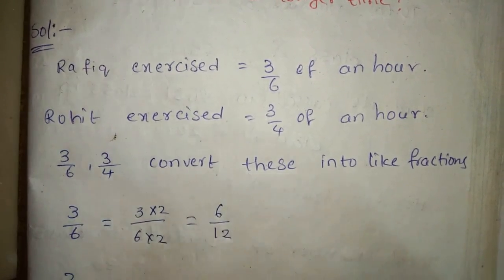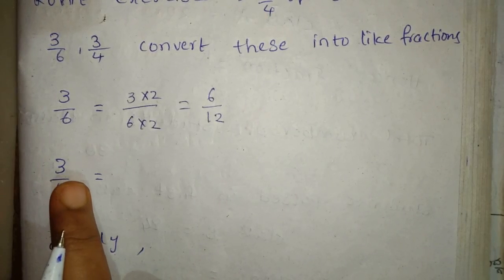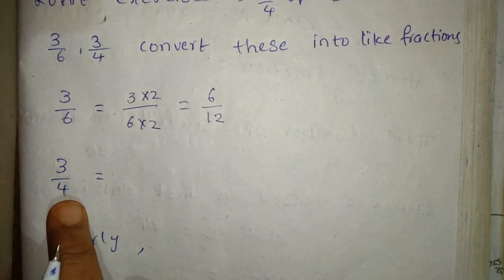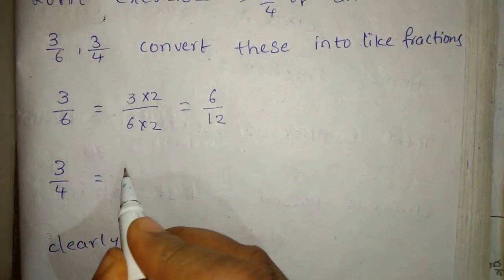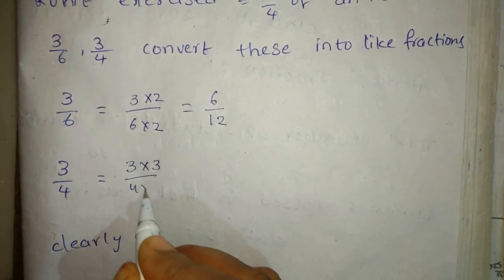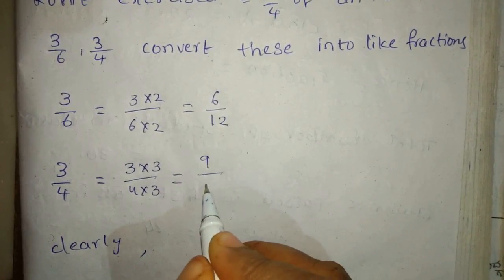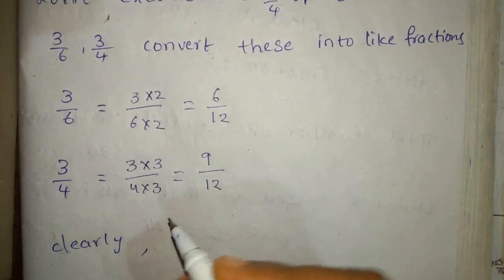Next, 3 by 4. Here also we multiply both denominator and numerator by 3. That is 3 by 4 is equal to 3 into 3 by 4 into 3. 3 threes are 9 and 4 threes are 12.